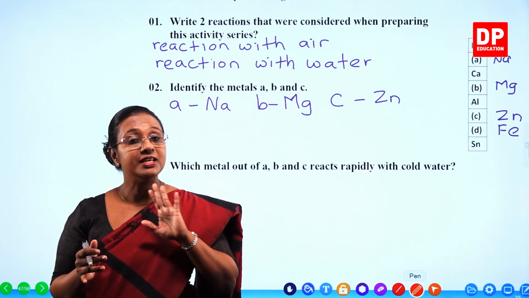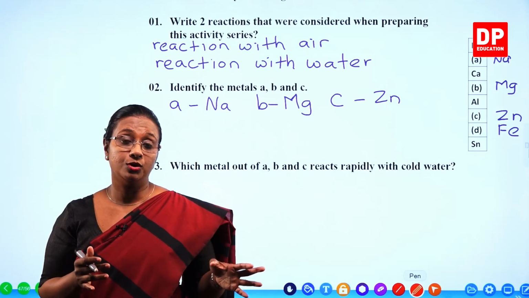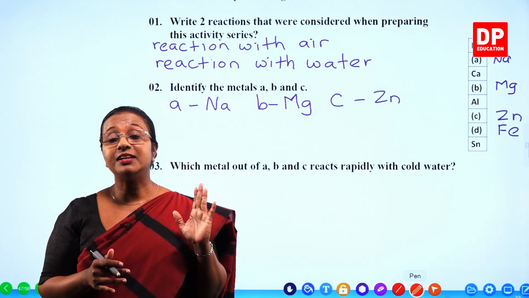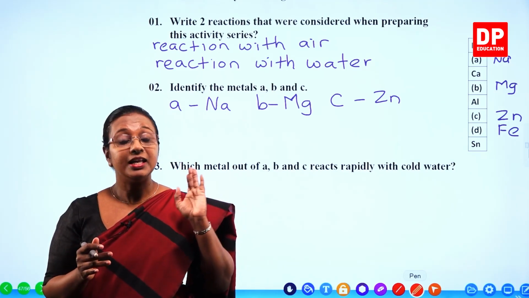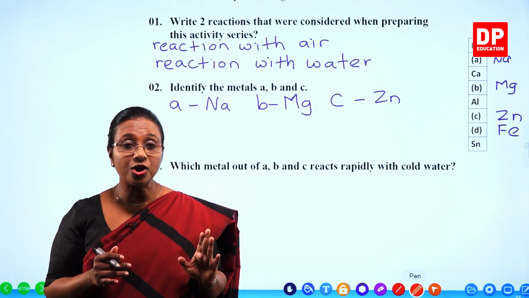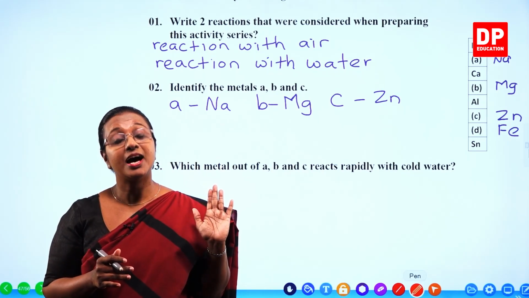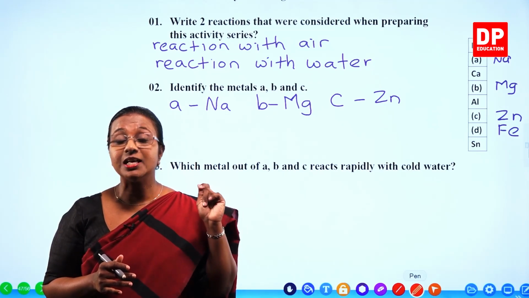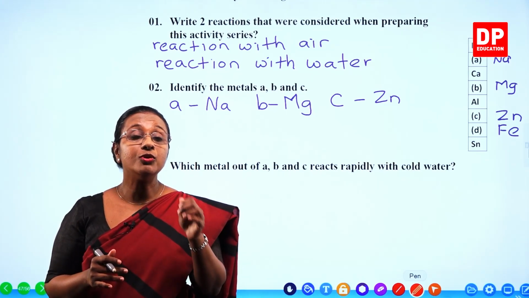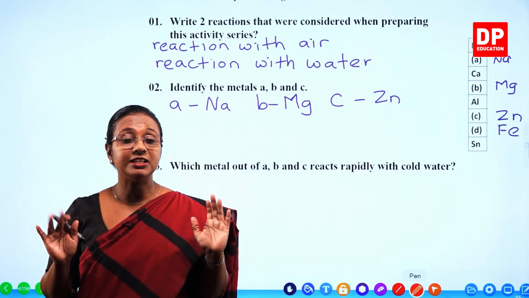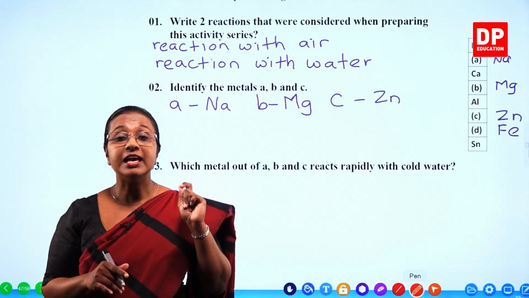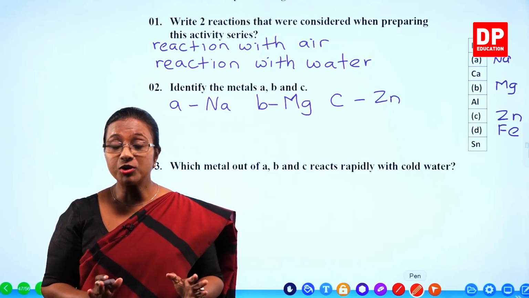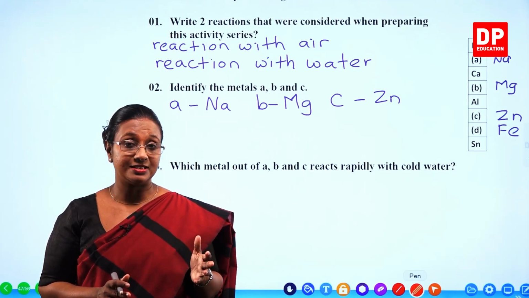No. Magnesium doesn't react with cold water. But when we react it with hot water, what happens? It again forms magnesium hydroxide and liberates hydrogen gas. And also magnesium reacts with steam. We did not do that activity, but you all know the reaction. It forms magnesium oxide and hydrogen gas.